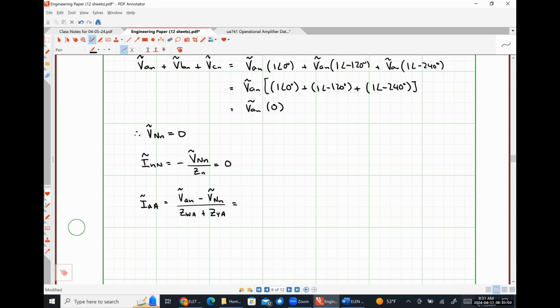Well, in a balanced system, this simply becomes VAN over ZW plus ZY.